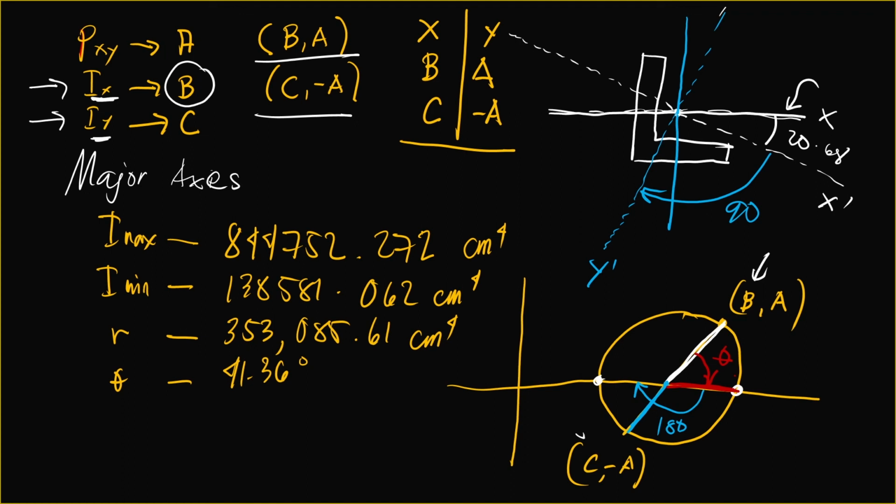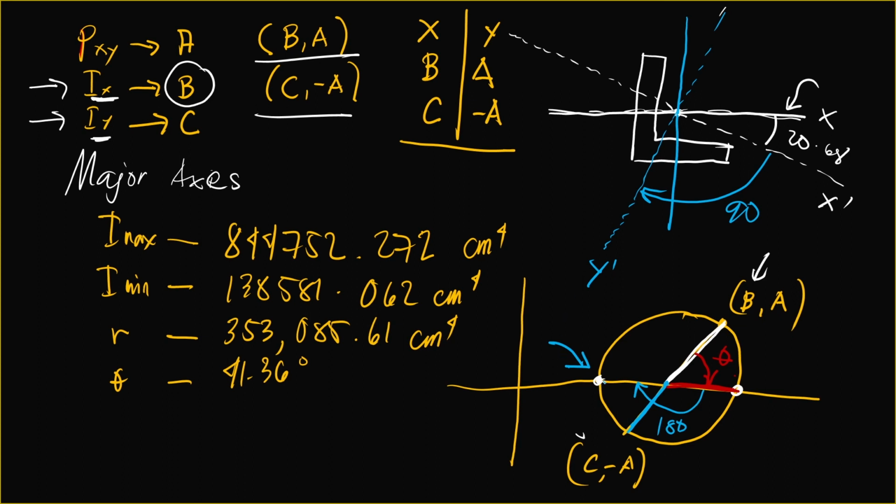Sometimes this is asked. You should also know where the weakest axis is. This is the point where the minimum moment of inertia can be found.